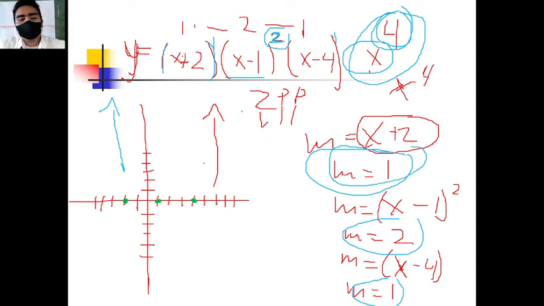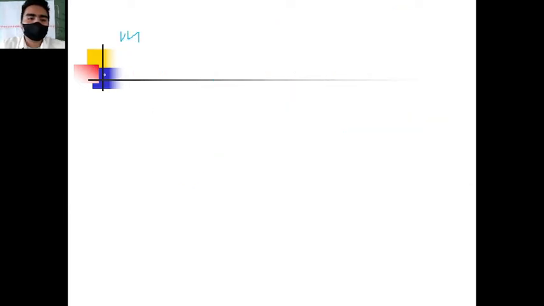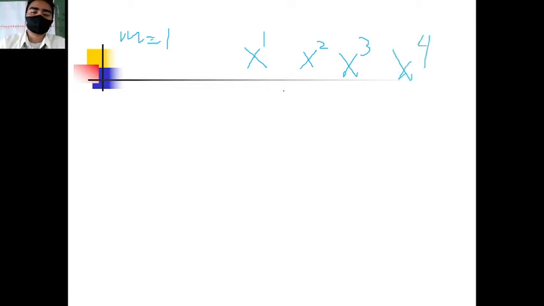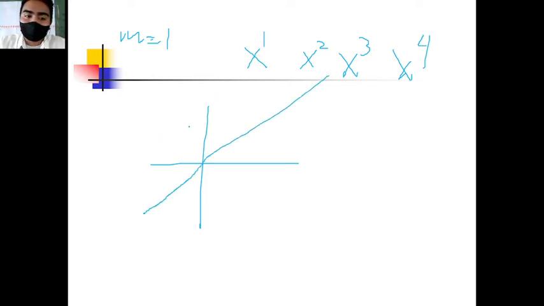Remember that I told you there are kinds of graphs, if you have an expression of x raised to 1, x raised to 2, x raised to 3, or x raised to 4. If it's x raised to 1, what is the form of that graph? Isn't it just a straight line?